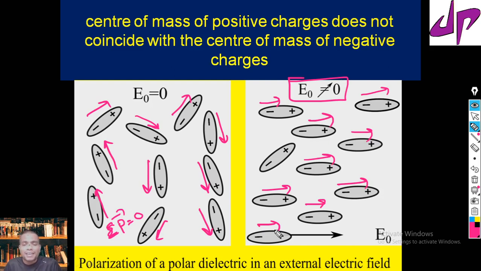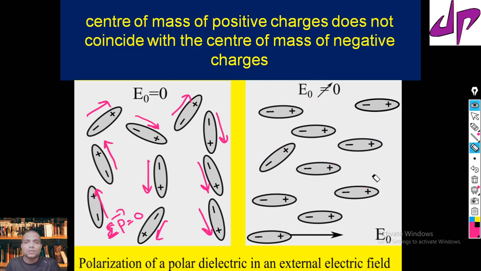If that is the net dipole moment direction, then in this case the net electric field, because of this dipole alignment, is also not equal to 0. Now this causes certain electric field effects because of the polar dielectric materials.